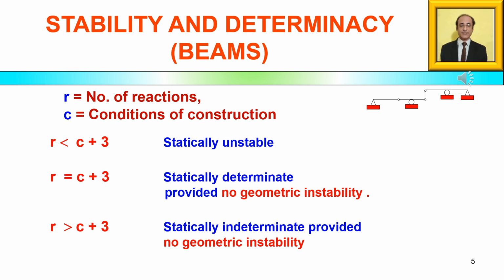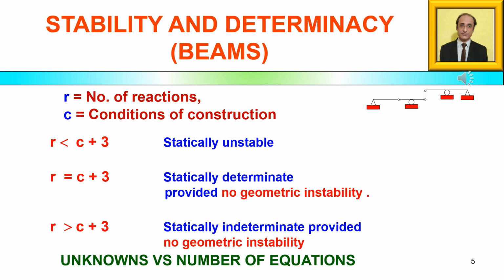If we see these rules in a deeper sense, we would find that basically it is the trade-off between the number of unknowns and the number of equations. In the case of statically unstable structures, we find that the number of reactions or the unknowns are less than the number of available equations, which are C plus 3. 3 equations come from the equilibrium and C comes from the conditions of construction. So because the number of unknowns are less than the equations available, such a system does not have any solution.